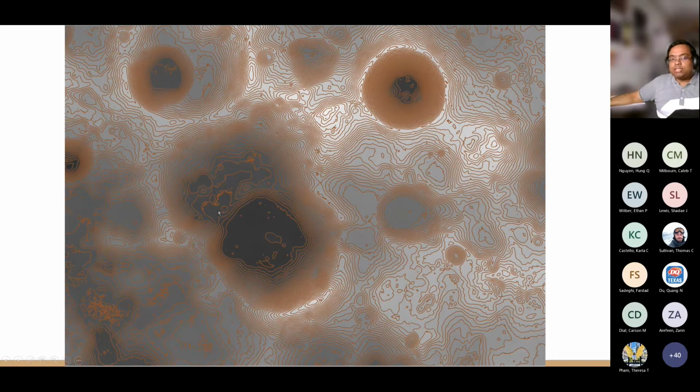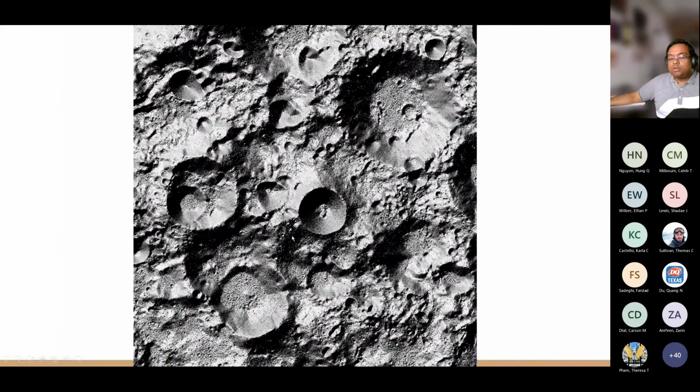So this essentially tells us where the flat regions are, and wherever the lines are very close together, that tells me there's a massive slope there, so the height of the terrain is changing rapidly. Once we have done this, we visualize it using what's called a hillshade map.